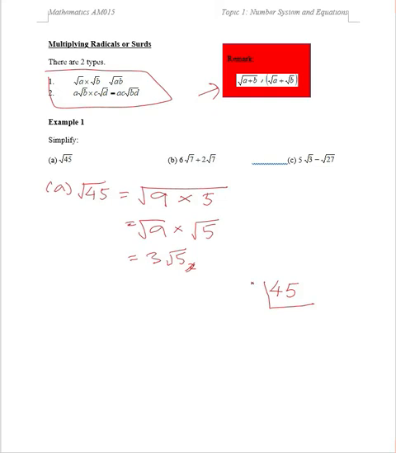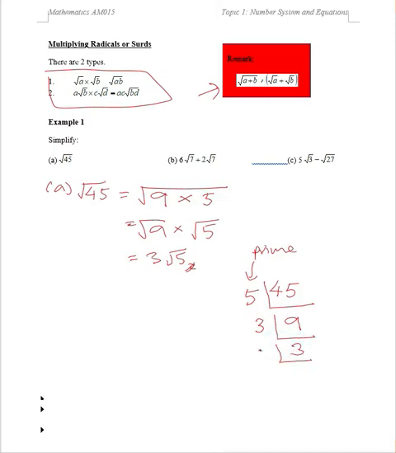So 45, try to find a prime number that can divide 45, so it's going to be 5. 45 divided by 5 is equal to 9. Next, 9 can still be divided by a prime number, which is 3. 9 divided by 3 is 3.